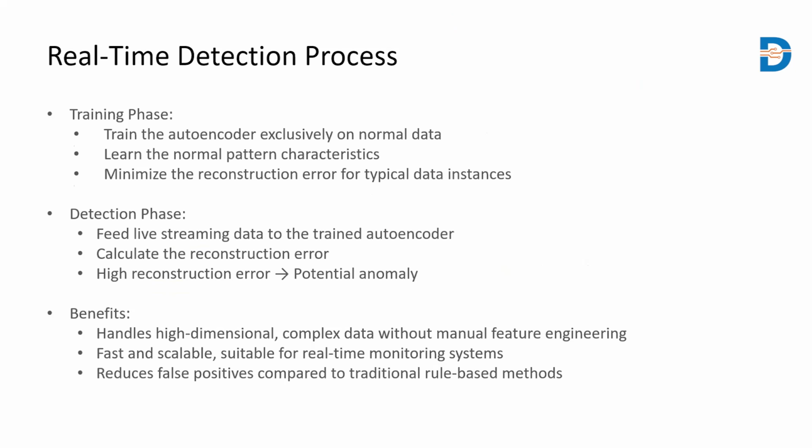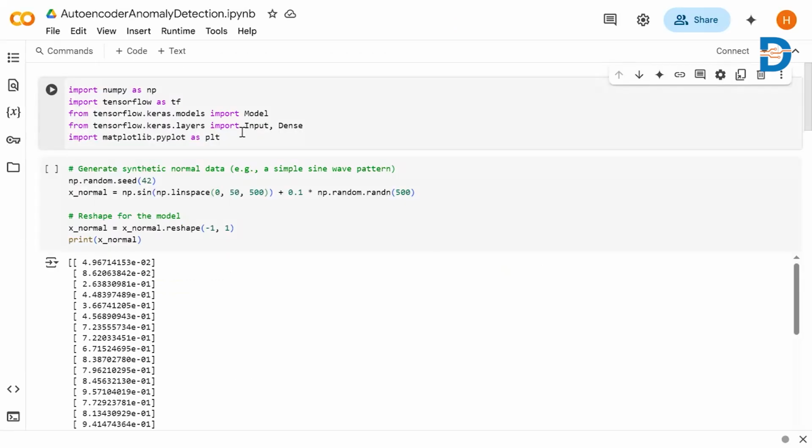Now, let us see the implementation of this in Google Colab, right? I'm sharing my Colab screen where I'm creating a small data using libraries where the data is normal and it will automatically reconstruct the data.